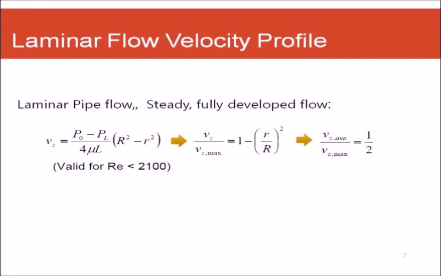As you can see, by substituting values for small r, velocity becomes 0 at the wall, which is small r equal to capital R. And the ratio between Vz average and Vz max is 1 by 2. Vz average is obtained by dividing the volumetric flow rate by area.